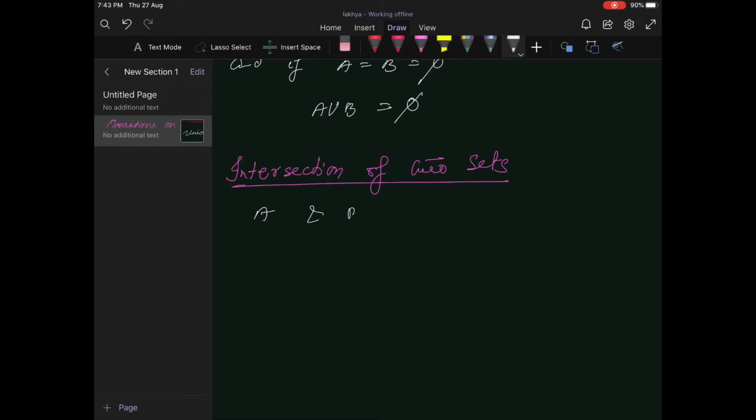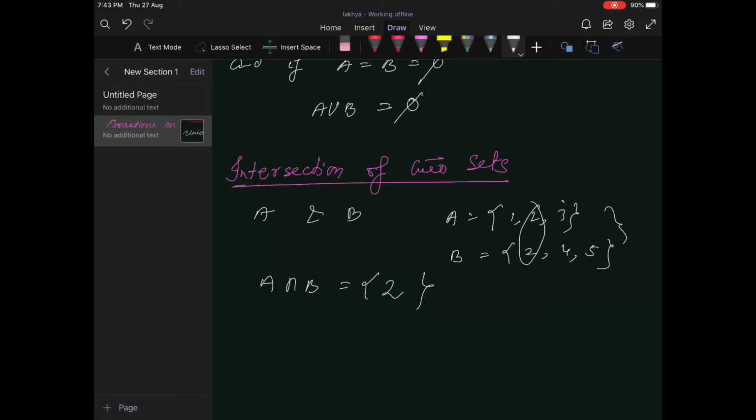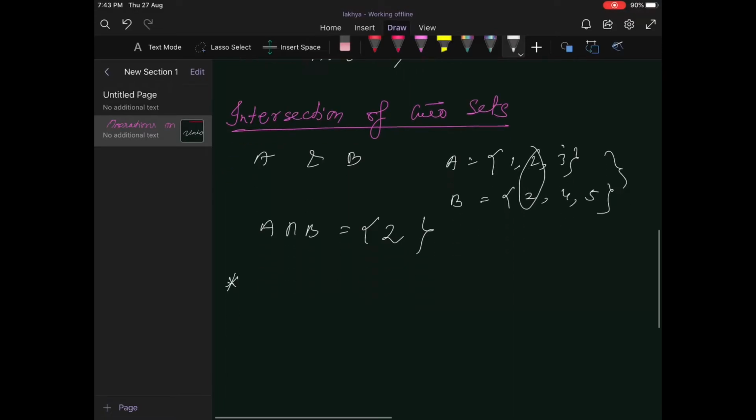Suppose we have two sets A and B. A contains 1, 2, 3, and B contains 2, 4, 5. Then A intersection B is the set of common elements of these two sets. So what are the common elements here? 2 and only 2. So this is intersection.